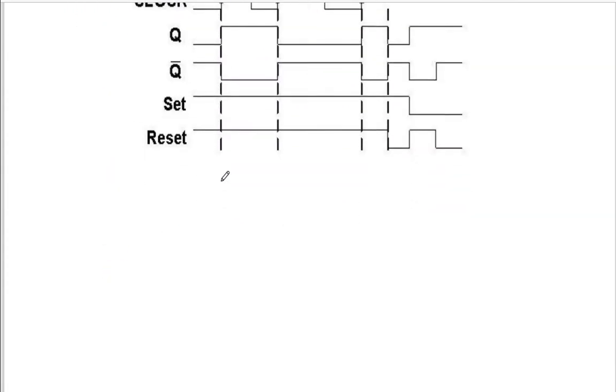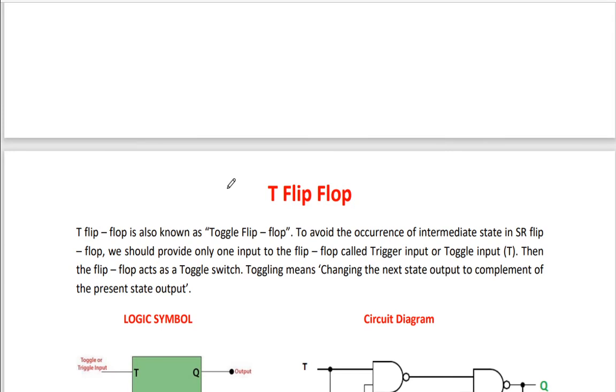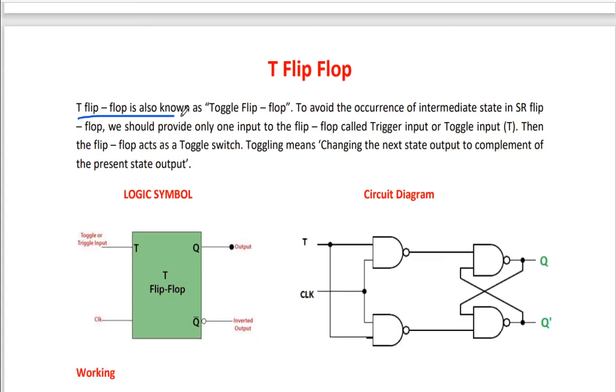Okay, fine. The next flip flop, students, that we have is your T flip flop. So what is a T flip flop? A T flip flop is also known as a toggle flip flop.